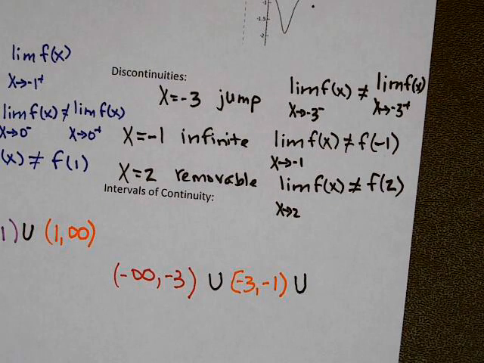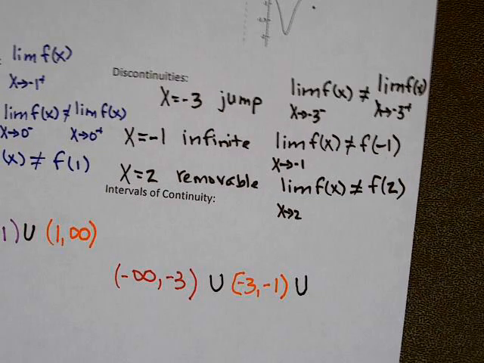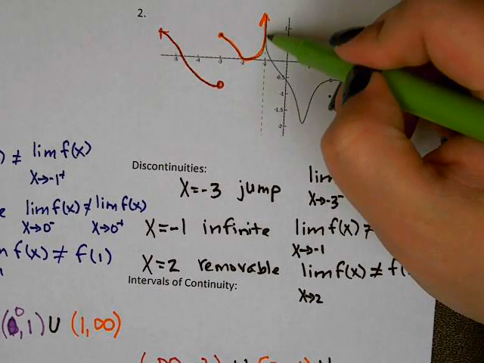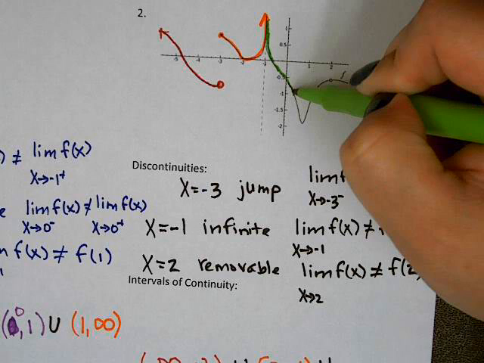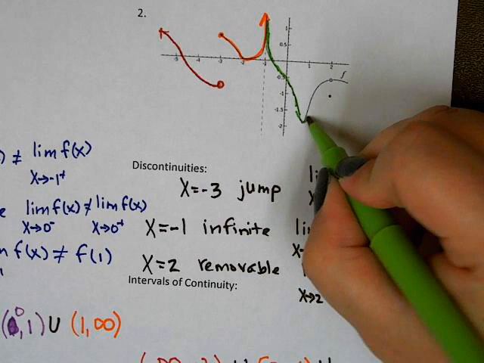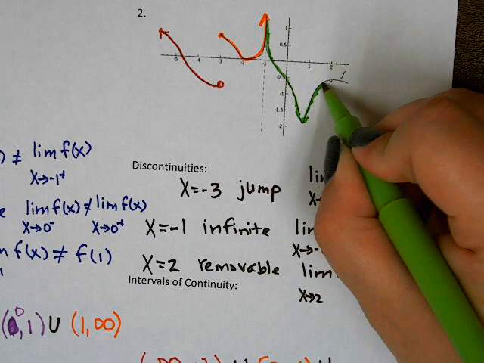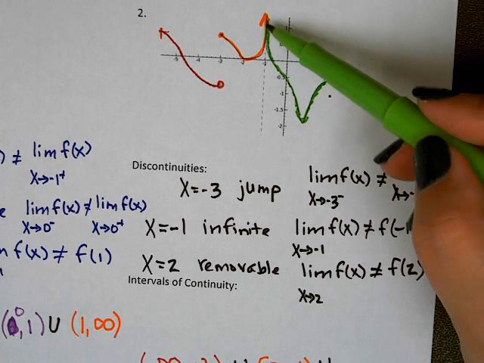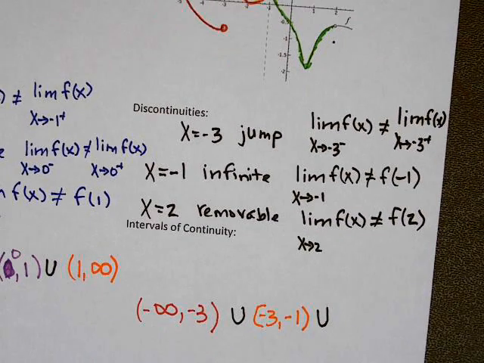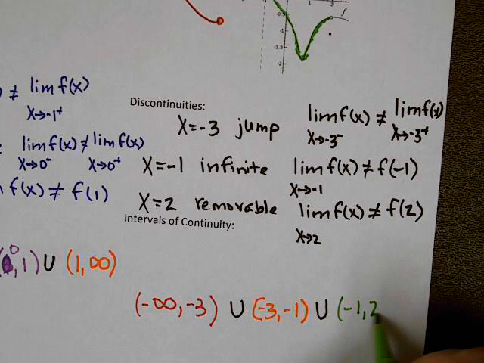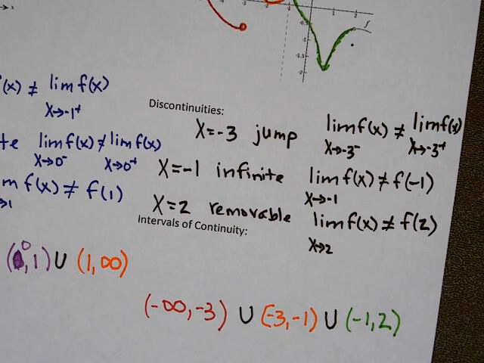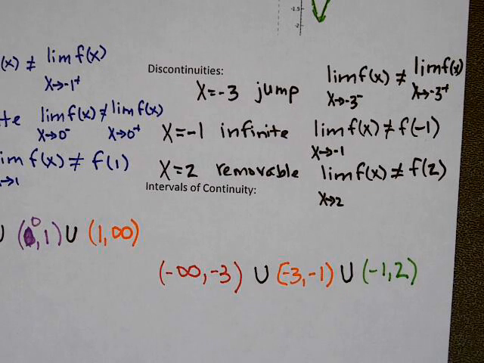And then the next piece is coming down from infinity, and then it's good, it's good, it's good. And we're good all the way up until we get to this hole over here, which means we're good all the way from -1 to +2. So from -1 to +2, and both of those are parentheses because those values are not included.